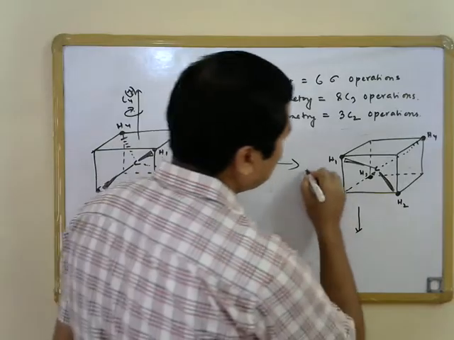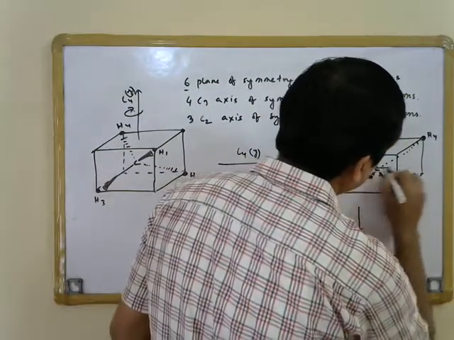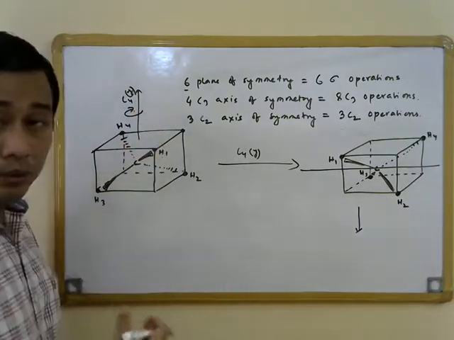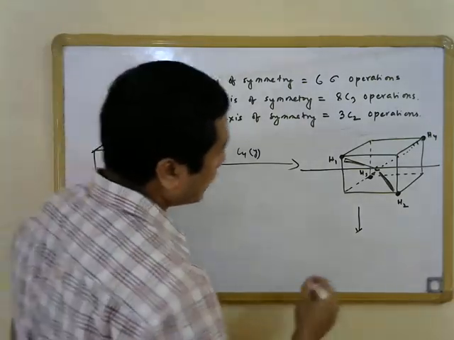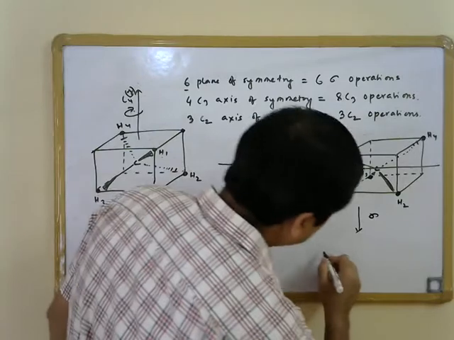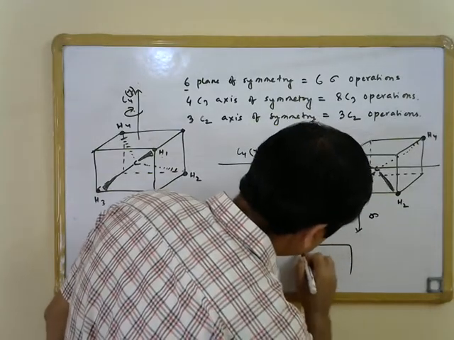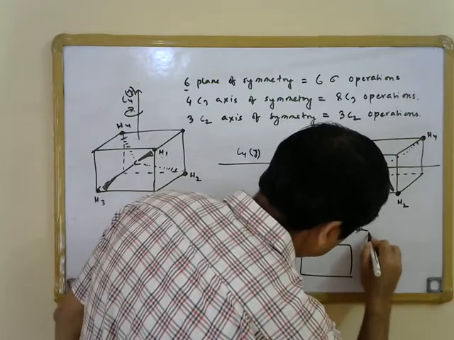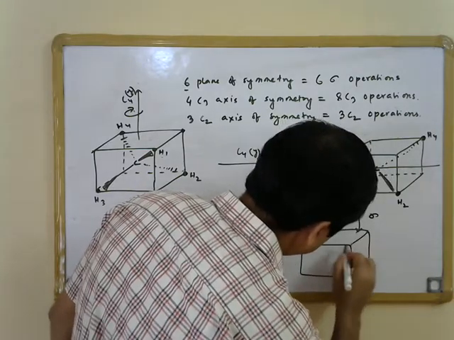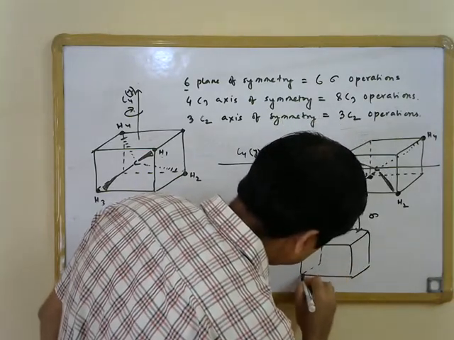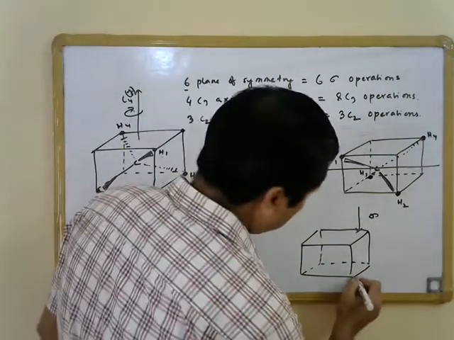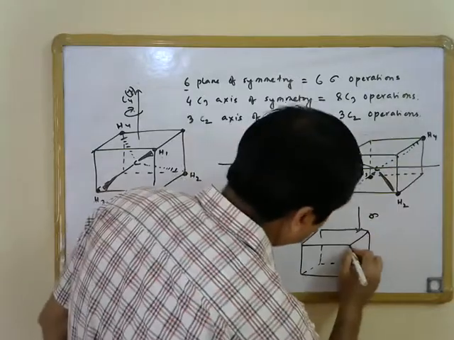So then let us do reflection with respect to this plane over here, which is perpendicular to the axis on which we did the rotation of 90 degree. So when we do sigma, what is going to happen? We can redraw the tetrahedron. So H2, which was here, will reach over here.